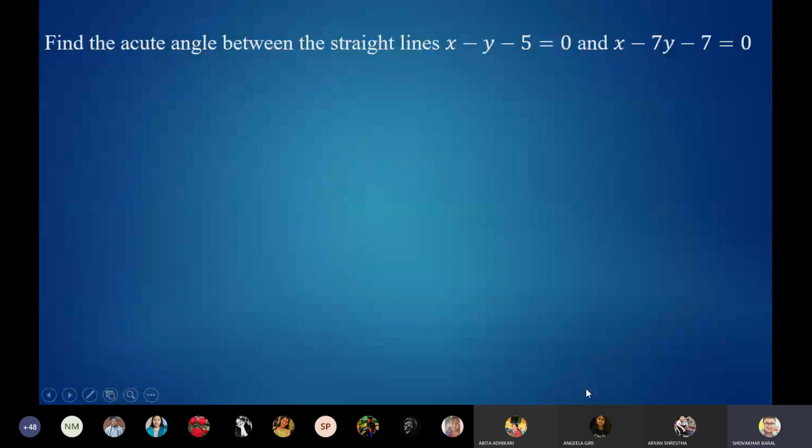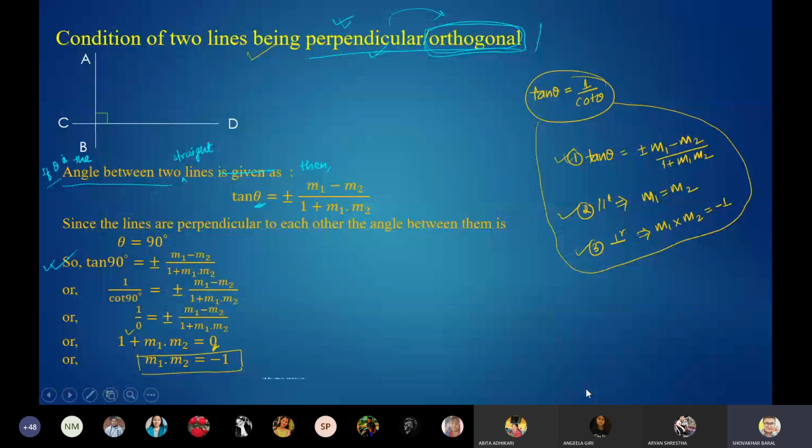Find the acute angle between the straight lines x minus y minus 5 equals to 0 and x minus 7y minus 7 equals to 0. Please try to do it yourself. In most cases, the question asks for a standard angle. In the earlier question the answer was 47.72.